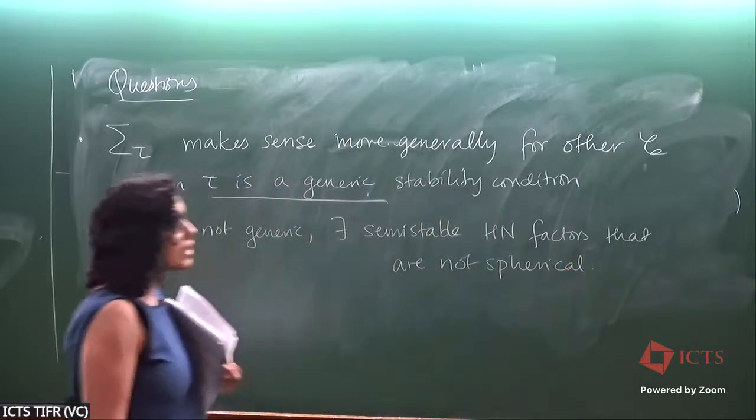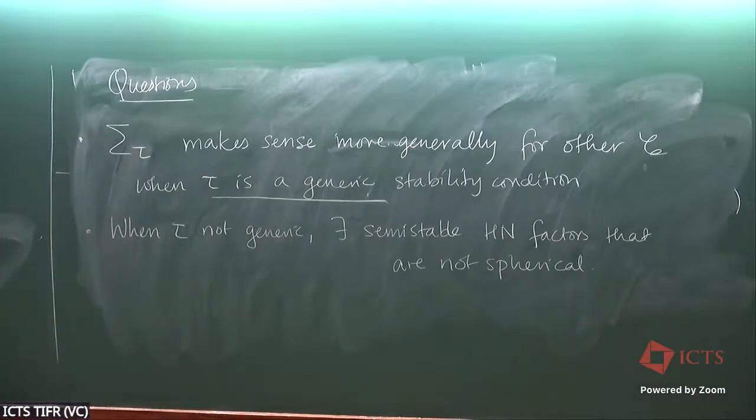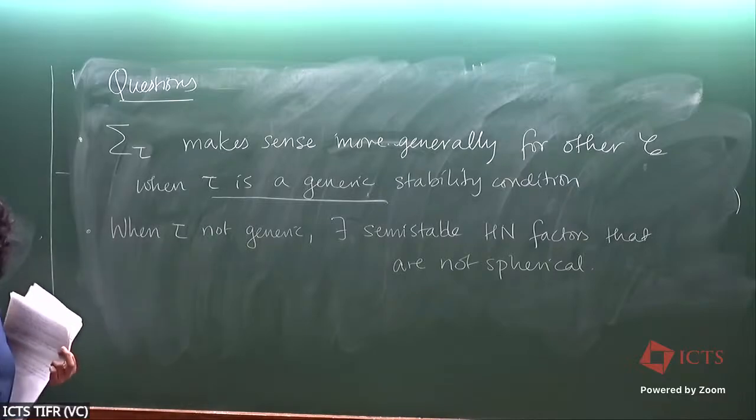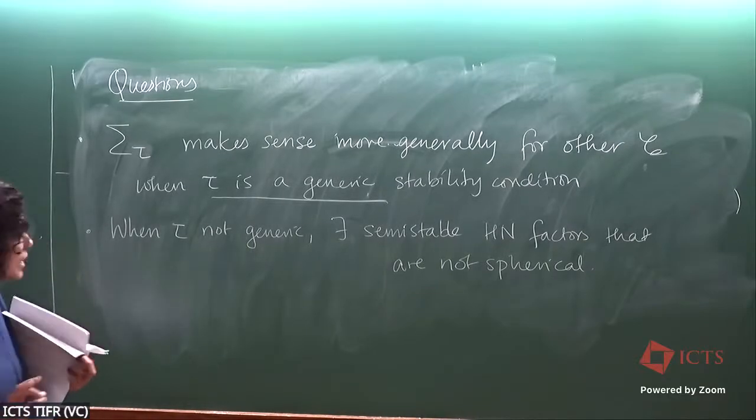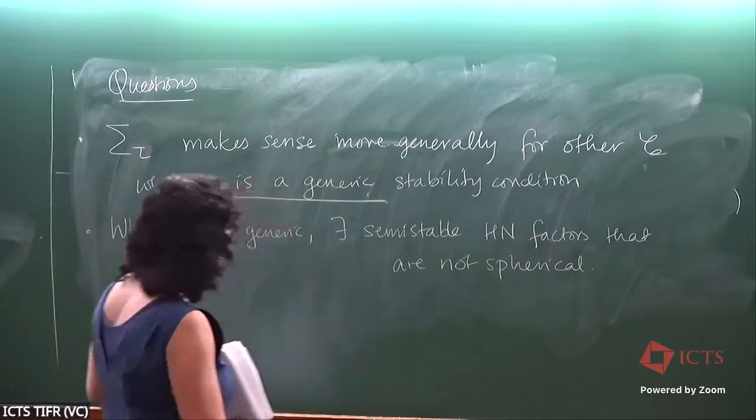So they don't fit neatly into the story, and so you want some kind of nice stable refinement of the HN filtration. Some people in the room are experts on this story, so if you know anything about this, please let me know.